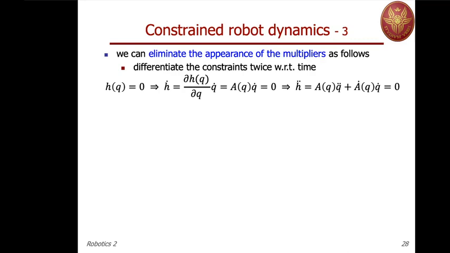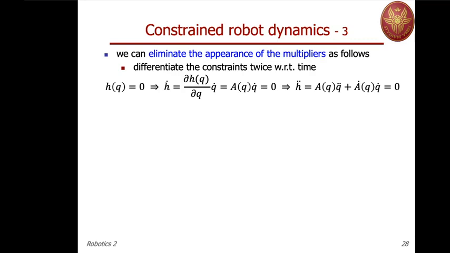And we do this differentiation a second time, because if h should be constantly equal to 0, then also the acceleration over time should be 0, so h double dot. So we take one more derivative of A of q times q dot, and we have the usual form.